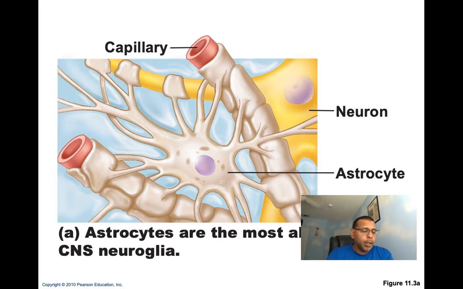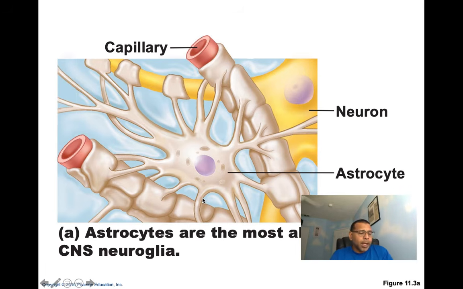With them clinging tightly to the nutrient supply lines, this is going to allow them to receive all the nutrients that they need. They can extract basically whatever they need to send over to the neurons.